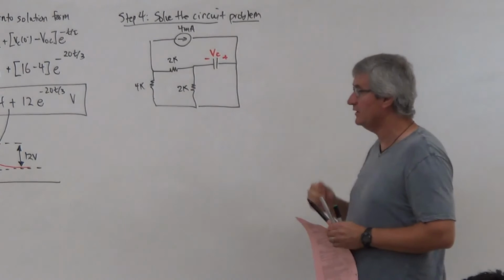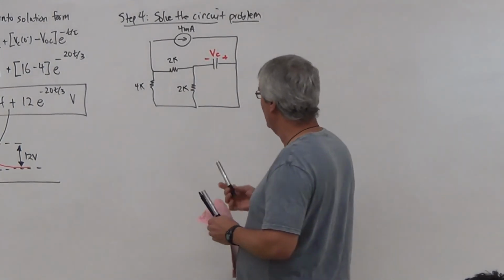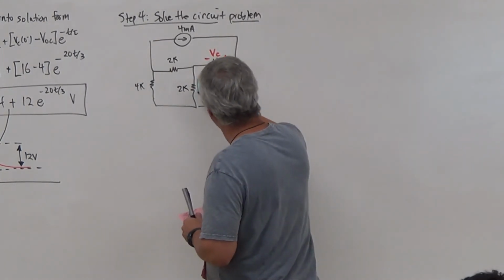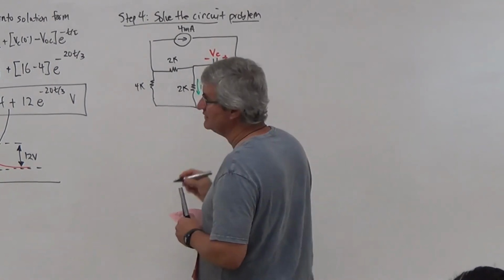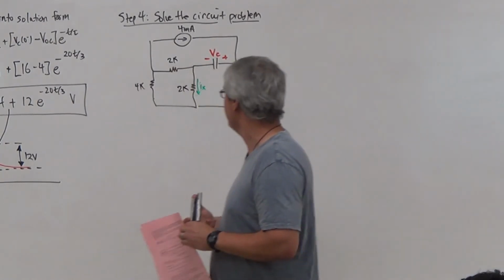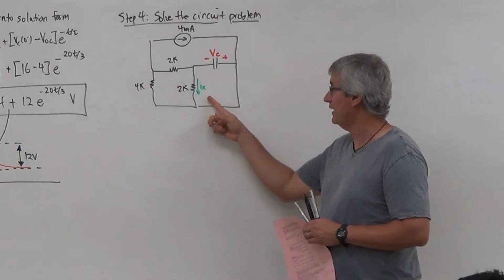So when I look at the circuit here, if I want to solve for this current, I think I call this current IX, is that correct? Yes. I need to solve for that current IX.